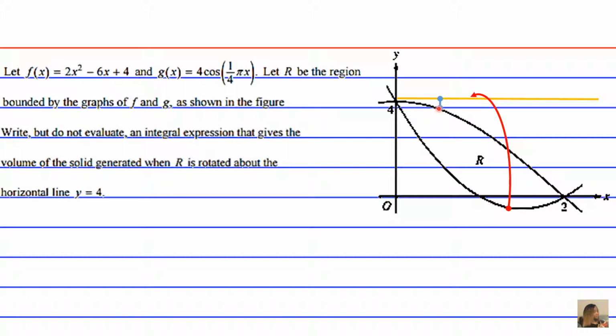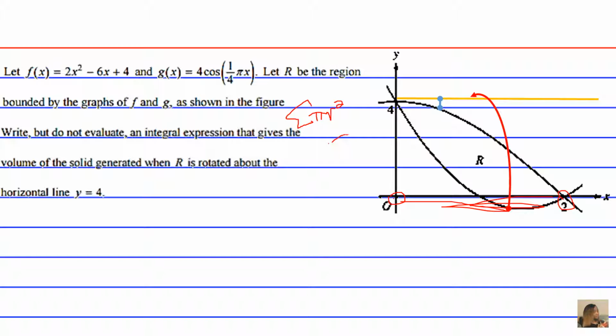Well, the area of a circle is pi r squared. Sorry for the time lag in my writing. And if we take the integral, or maybe you understand better the summation of all these circles between 0 and 2, we're going to ultimately generate our volume.